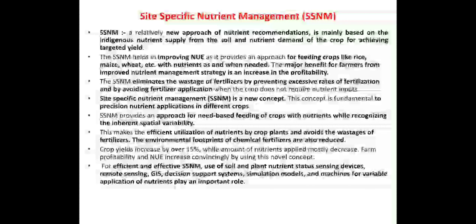Then SSNM is a new concept which is fundamental to precise nutrient application in different crops. Means as per the need, we should apply the fertilizers to achieve the target yield.